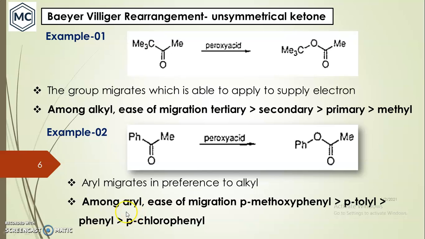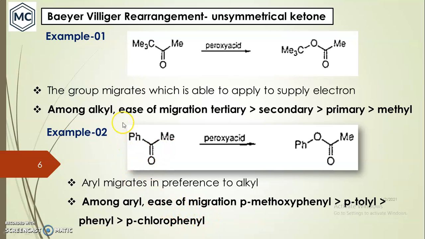than alkyl. Among aryl, the ease of migration is like this, and if you have a substituent on the aryl group, we have seen that the para-methoxyphenyl, that is the methoxy group at the para position of phenyl, and para-toluene, that means CH3, have more migratory aptitude because they contain an electron donating group, and this toluene has more migratory aptitude than phenyl, but para-chlorophenyl has less migratory aptitude.